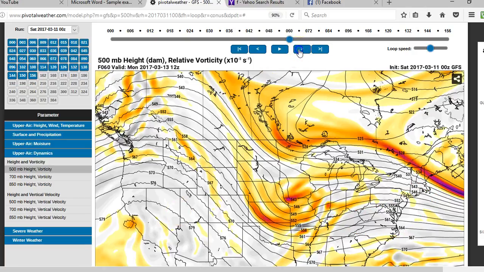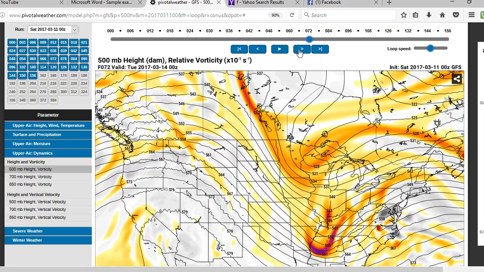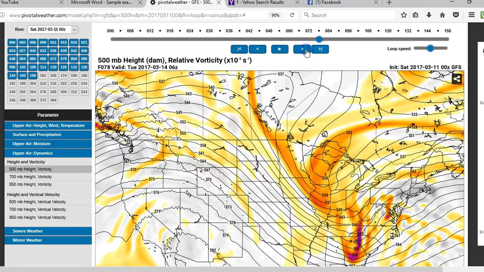So let's move along. Now watch how this is going to go negative, and then this is going to also go negative. So now by Monday night, here's the piece of energy that has our storm, and here's the trough. It's a neutral tilt now.